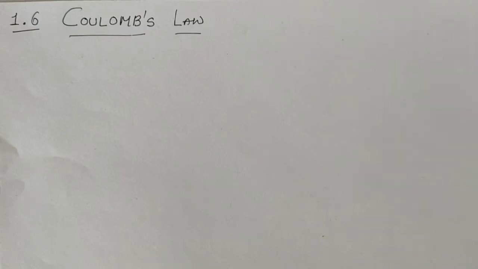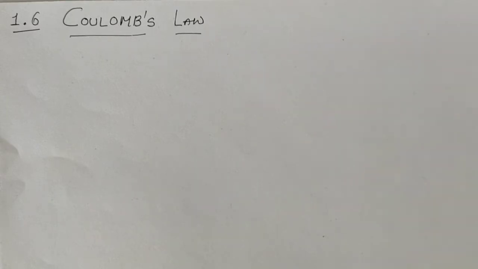What is Newton's gravitation law? The attraction force between any two bodies in the universe is proportional to the product of their masses and inversely proportional to the square of the distance between them.